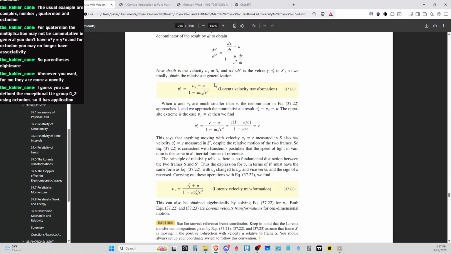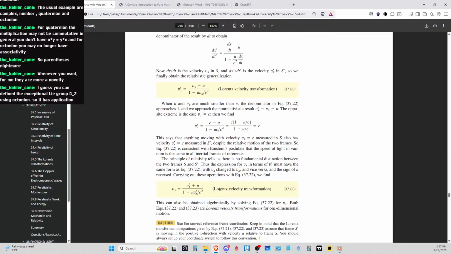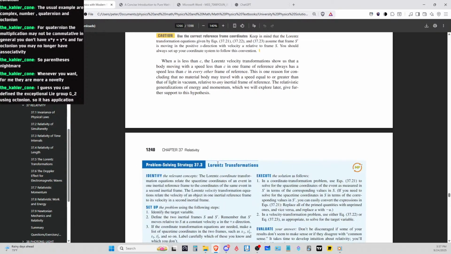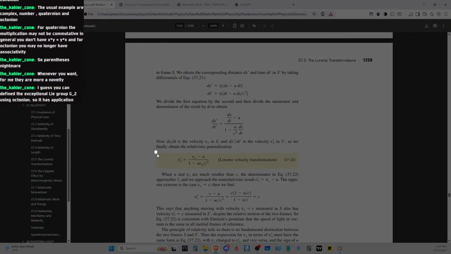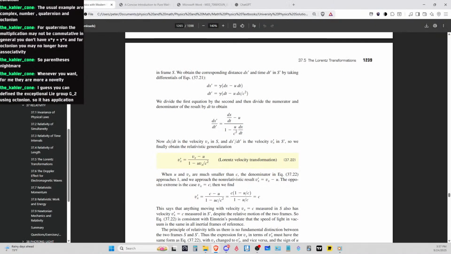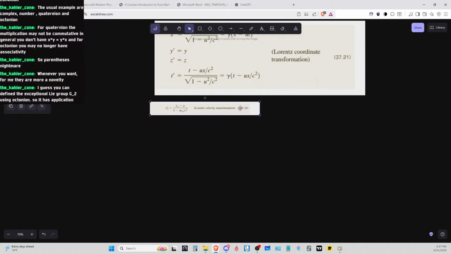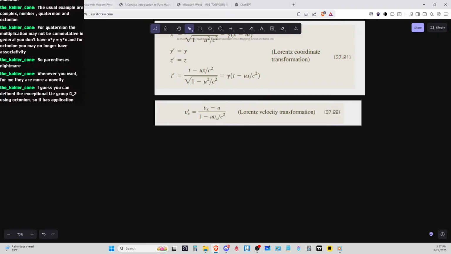Oh, there's a lot of stuff here. Velocity, Lorentz transformations of velocity. So what's the difference between these two? Oh, this is velocity prime. Okay, so take this, like so.